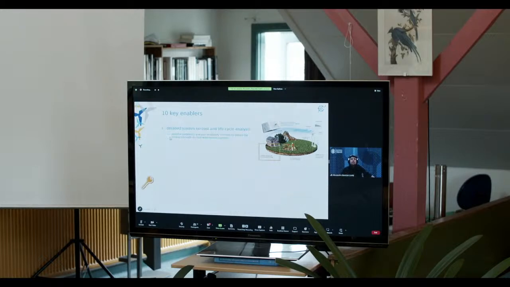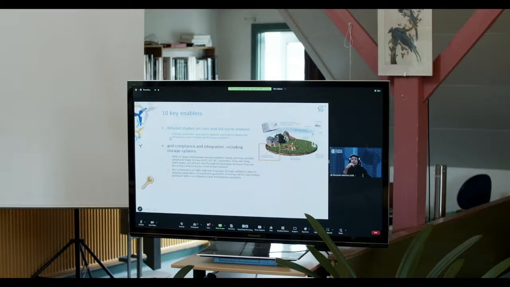Coming to an end, the eighth enabler: we need detailed studies on cost and life cycle analysis, because they are very useful to identify methods to reduce the installation cost. We need to make small wind turbines more compliant with the grids, as we discussed before, and more tightly coupled with storage systems.